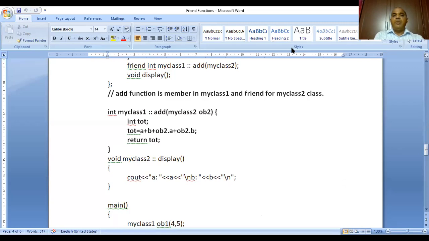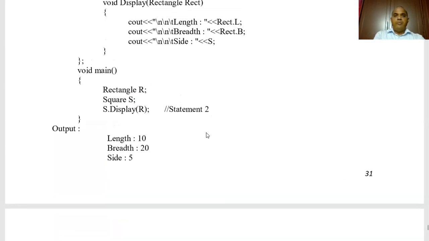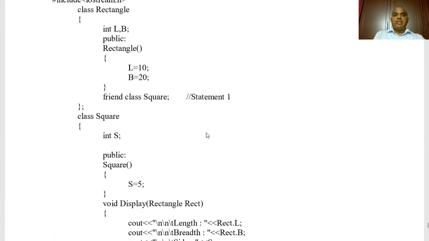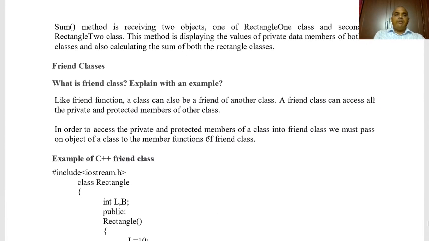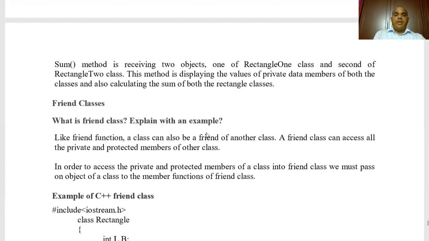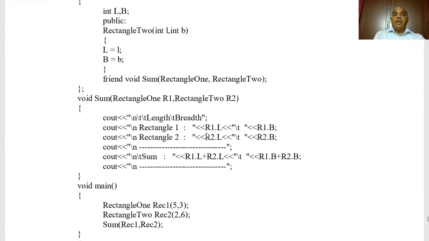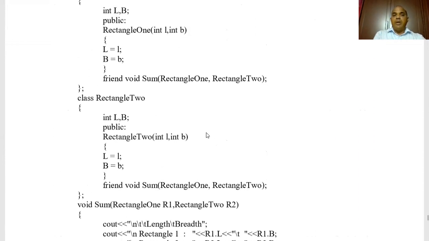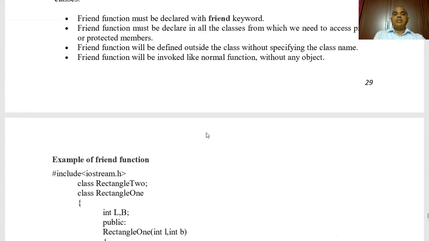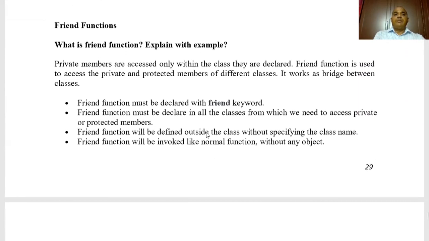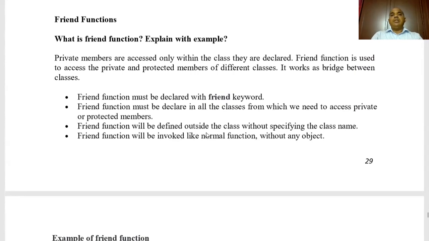Clear, all of you? So simply, what is a friend function? A friend function is used to access the private and protected members outside of the class. Clear, all of you? This is friend. Here private members are accessed only within the class where they are declared.